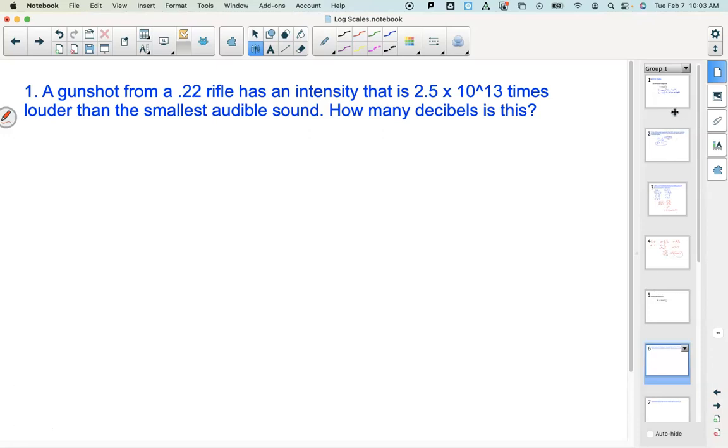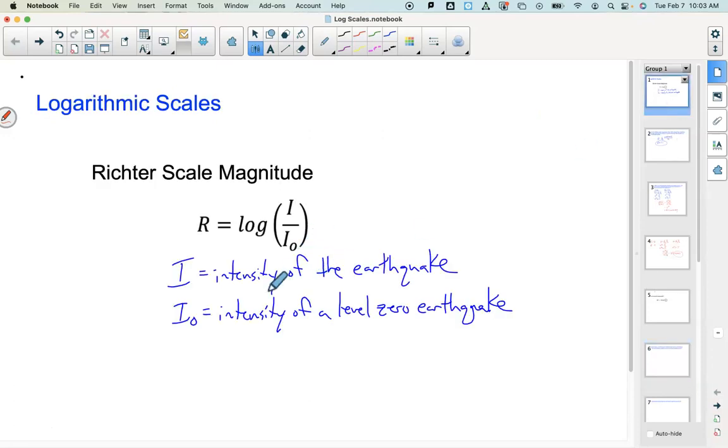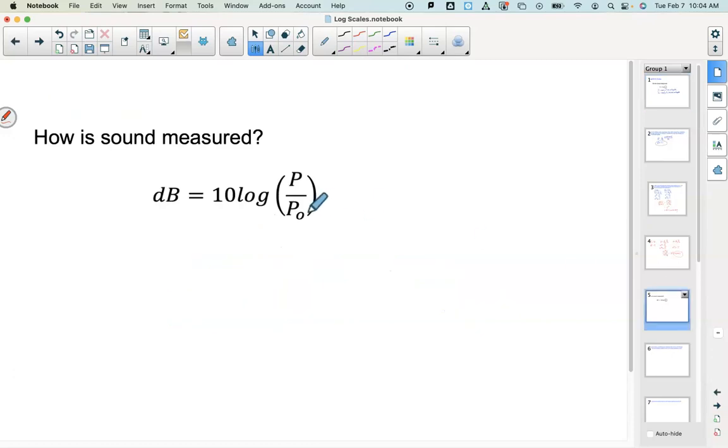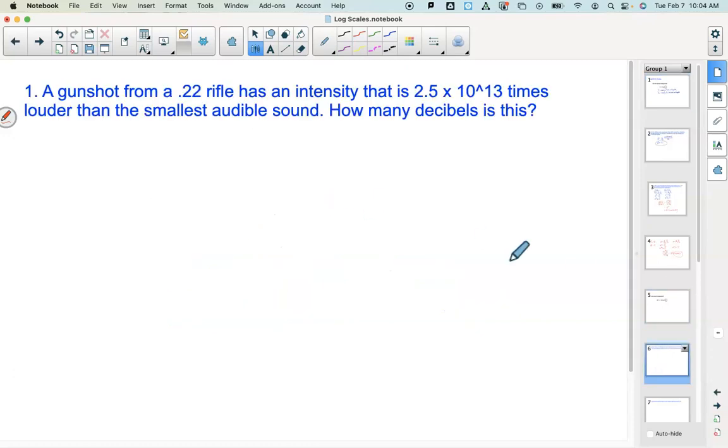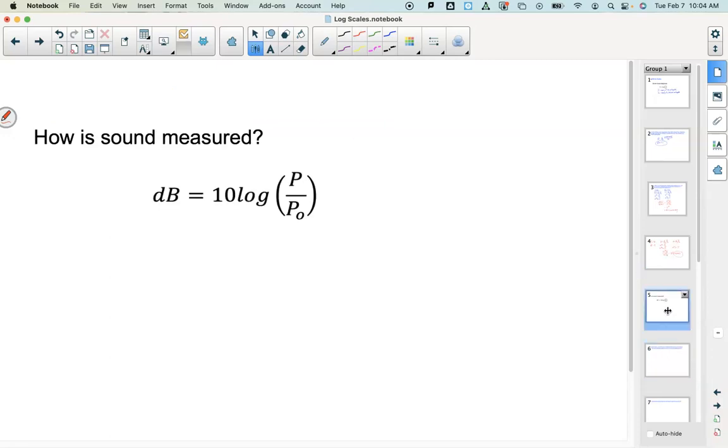So remember how in the Richter scale, this I sub 0 is the intensity of a level 0 earthquake. This P sub 0 is the intensity of the smallest audible sound.